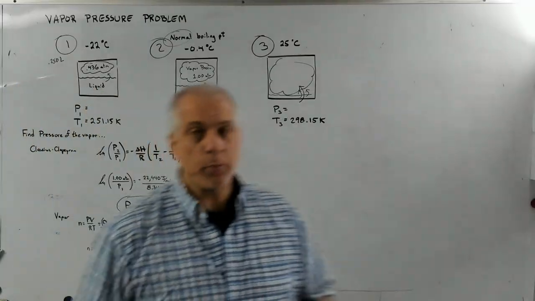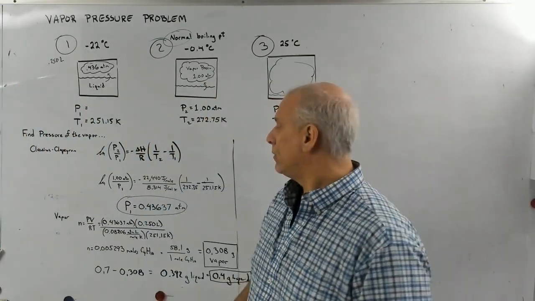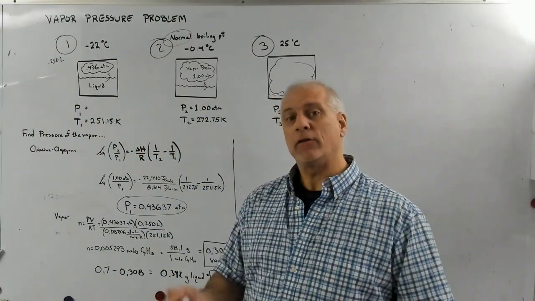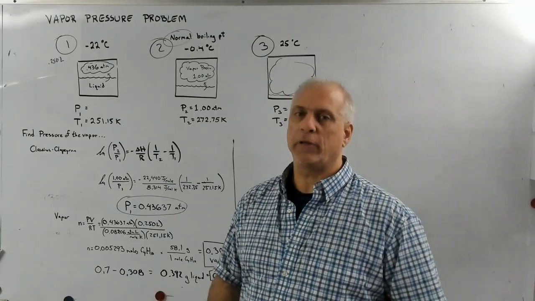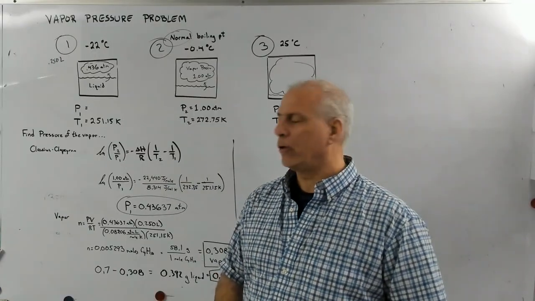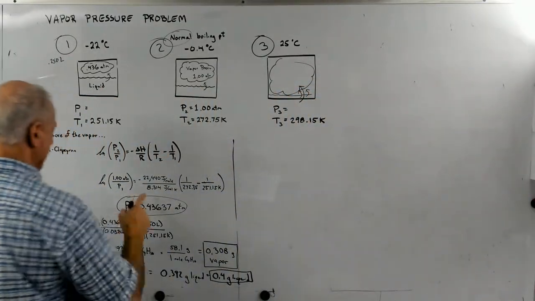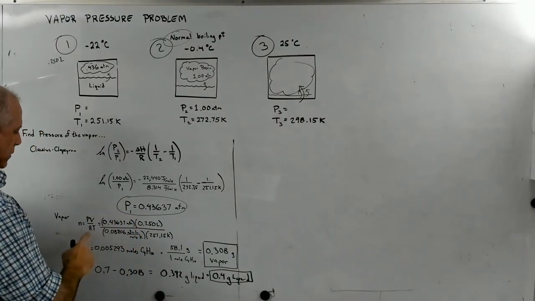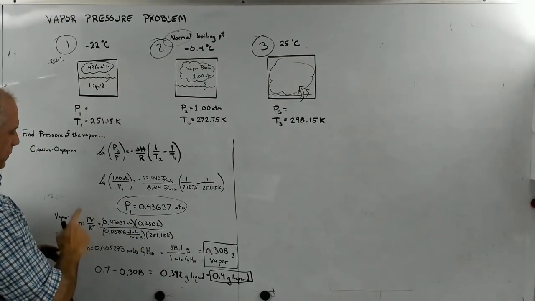Now we're going to use PV equals nRT to calculate how many moles and consequently how many grams of vapor there are. The moles is PV over RT.